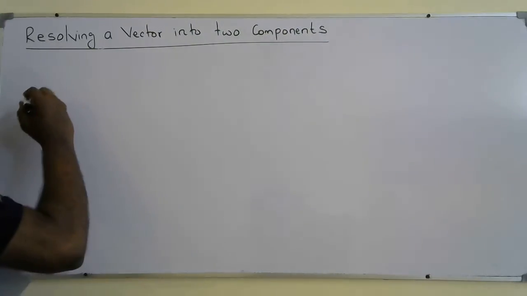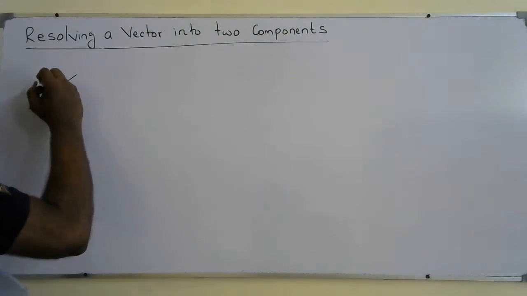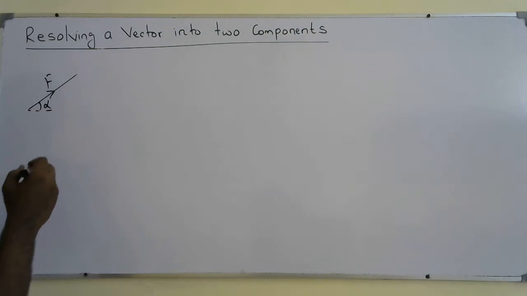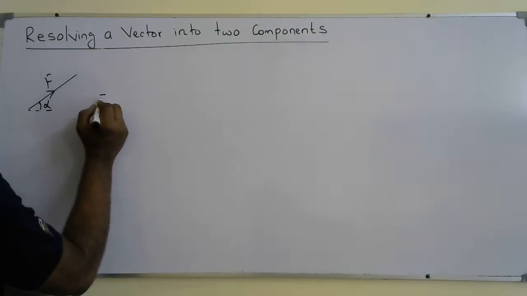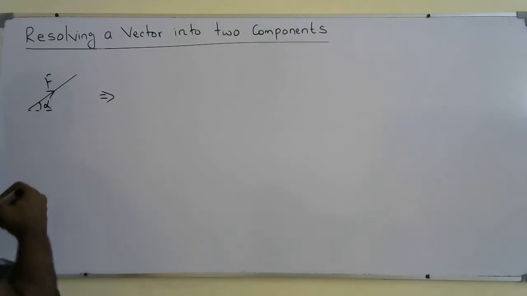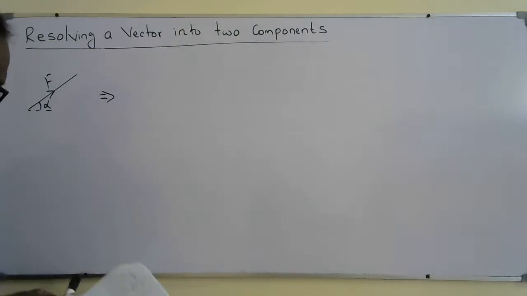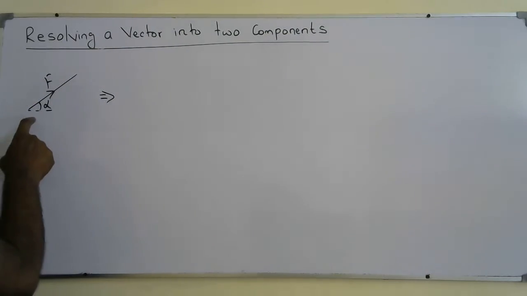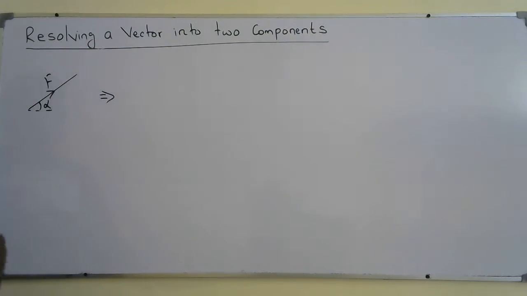If the given force is F at an angle alpha, how do we get the horizontal component? You can simply keep the pen along the given force. Horizontal is this line. To get the horizontal component, I should close the pen to the horizontal line.